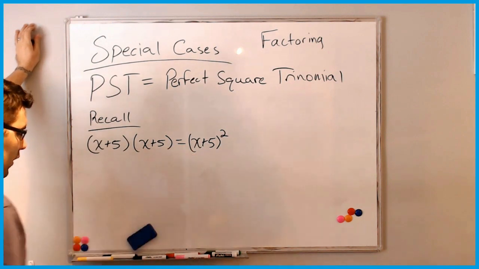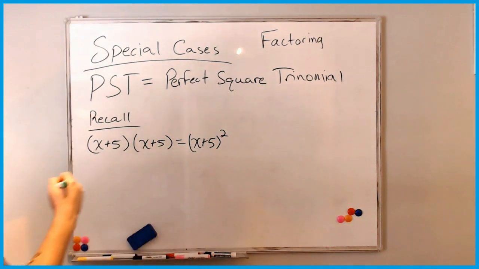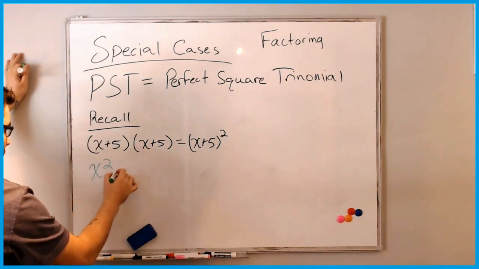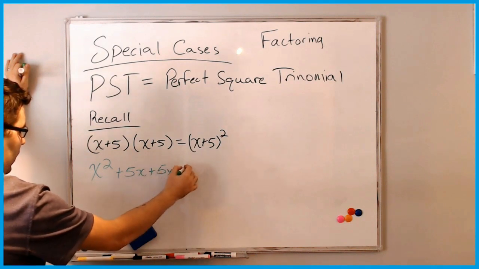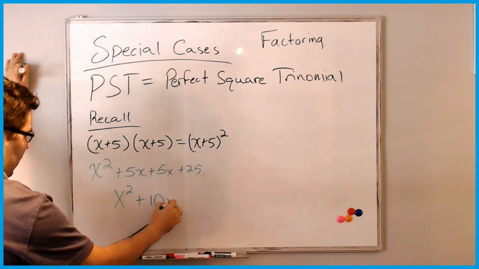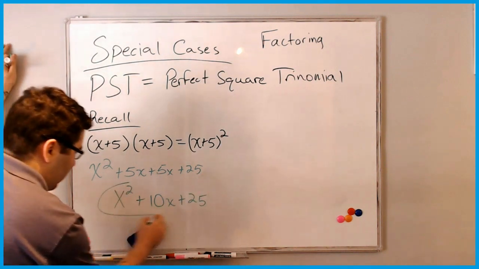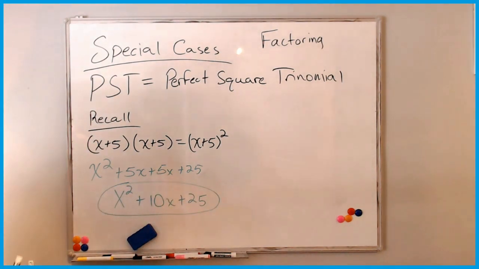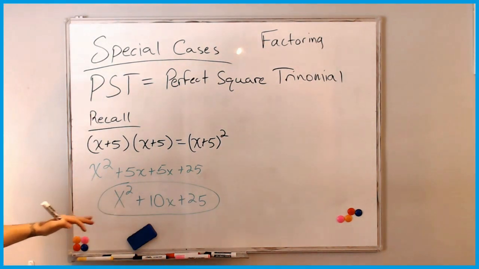If I want to multiply this out, and I'll use green, this time, since it's not opposite signs, your middle term doesn't cancel. So you get x squared plus 5x plus another 5x plus 25. And then when you fully combine like terms here, you get x squared plus 10x plus 25. But like I was saying before, there's a pattern to be seen here.